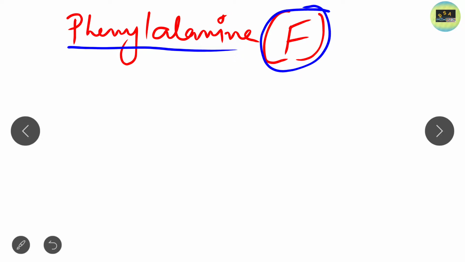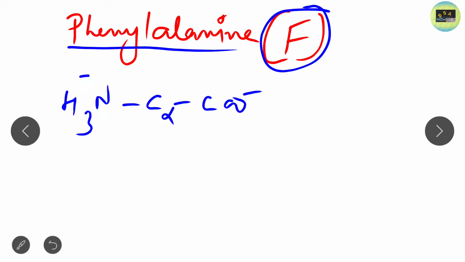Simple structure, nothing complicated about it. This is hydrogen and just CH2, which we draw in yellow, and an aromatic benzene ring is present. Clear?